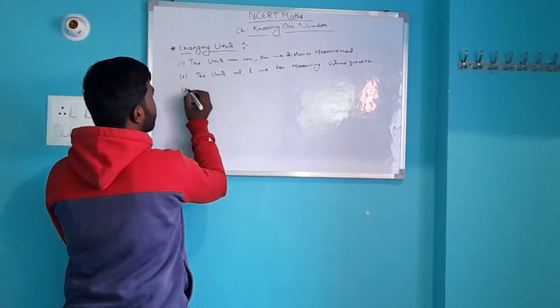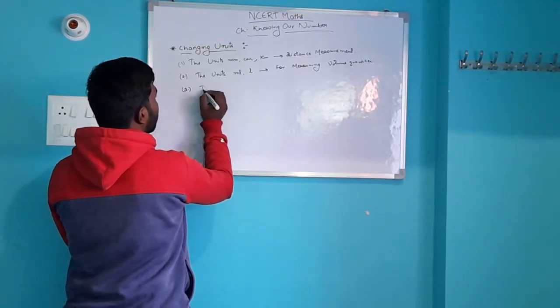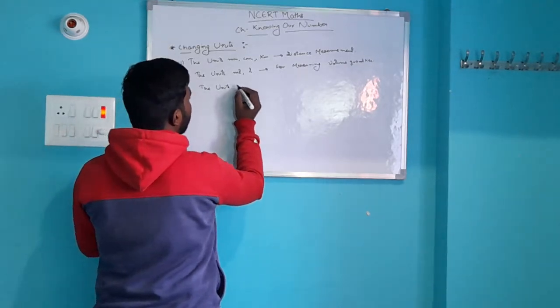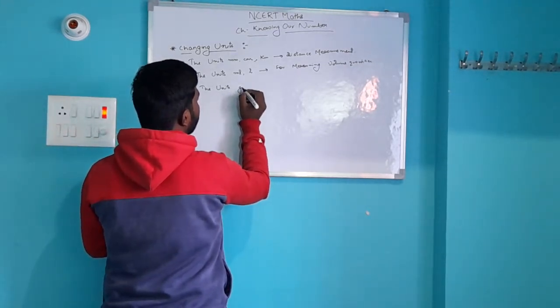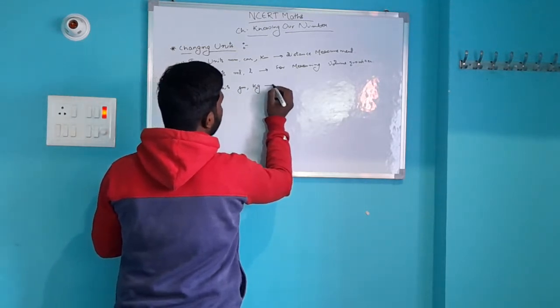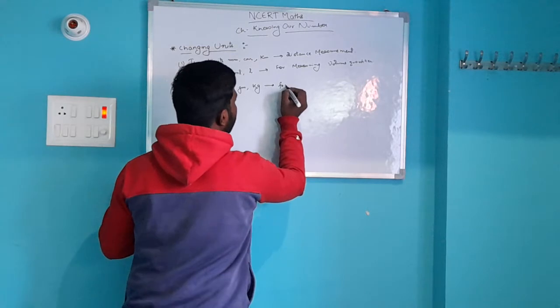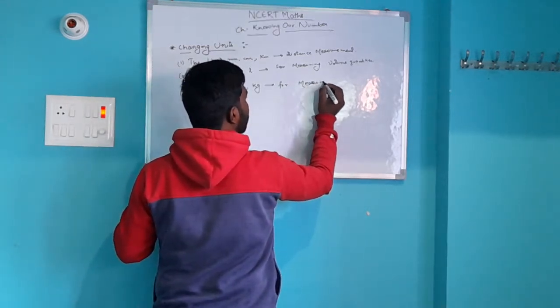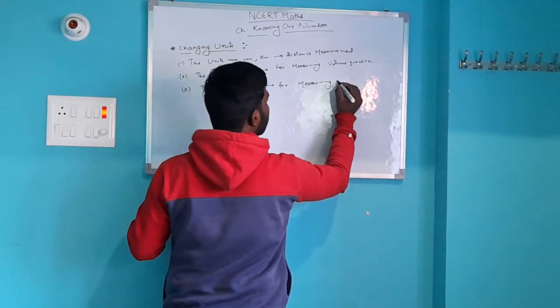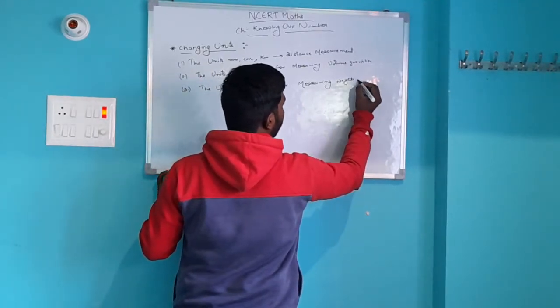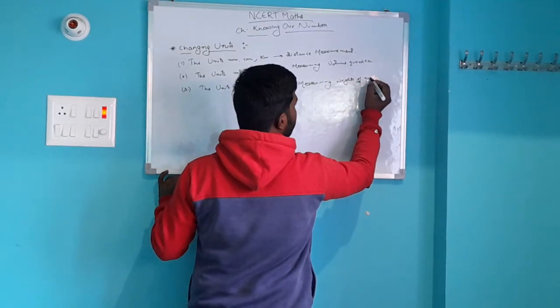The third one is the units like gram and kilogram, for measuring weights of quantities.